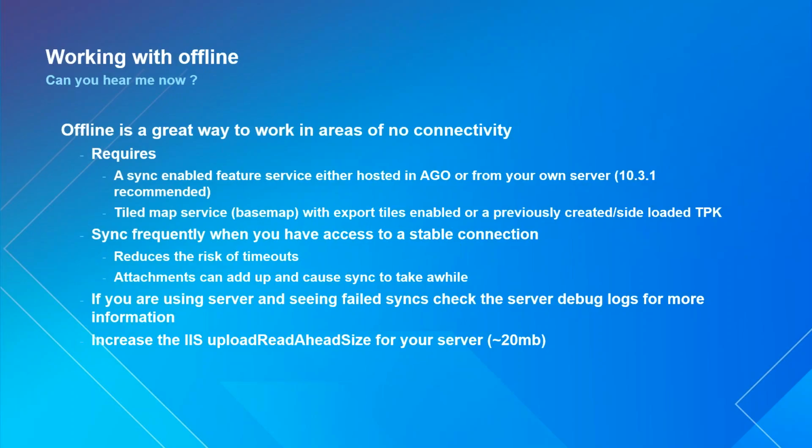All right, so all you have to have is a sync-enabled service. I'm going to show you what that looks like, or from your server. Okay, if you're using Portal for ArcGIS or ArcGIS Online, and the feature service is not hosted in ArcGIS Online, it's actually on your server, we recommend using 10.3.1. There were some bugs in 10.3 using syncing, so those were all fixed in 10.3.1.